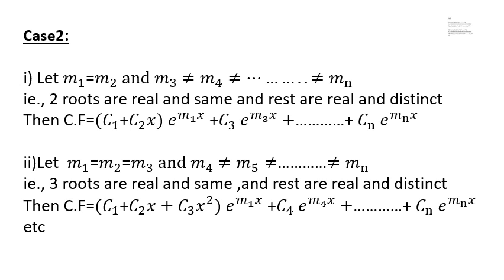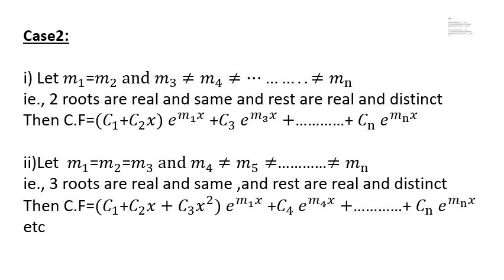That is, m3 is not equal to m4, m4 is not equal to m5, etc., not equal to mn. So first two roots are real and same. Remaining roots are real numbers, but they are different.